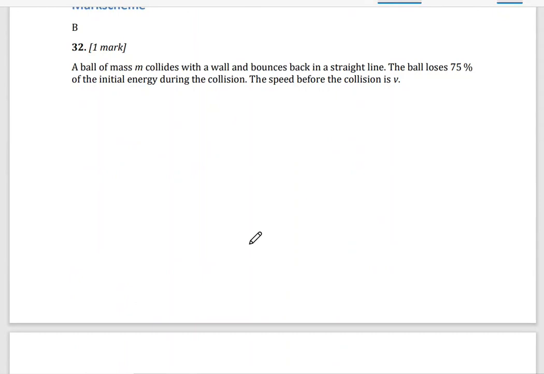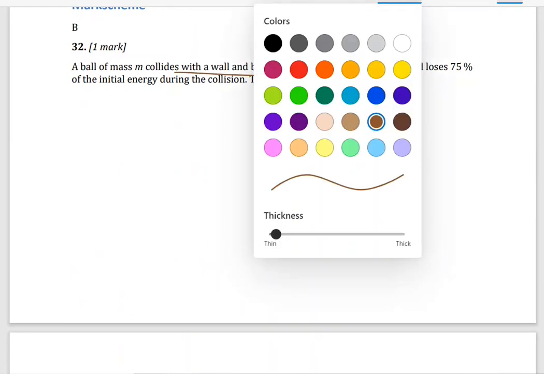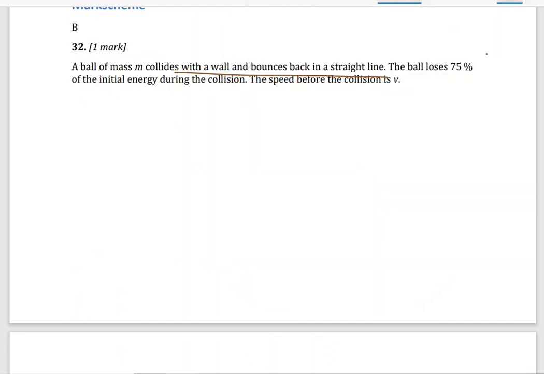You have a ball with mass m that collides with a wall and bounces back in a straight line. The ball loses 75% of the initial energy during the collision. The speed of the ball before the collision is v.